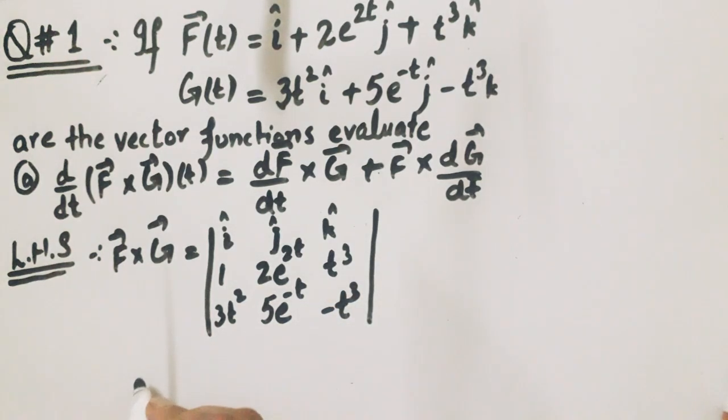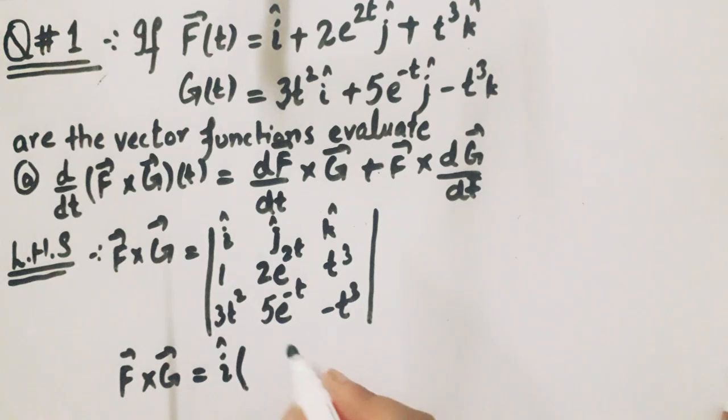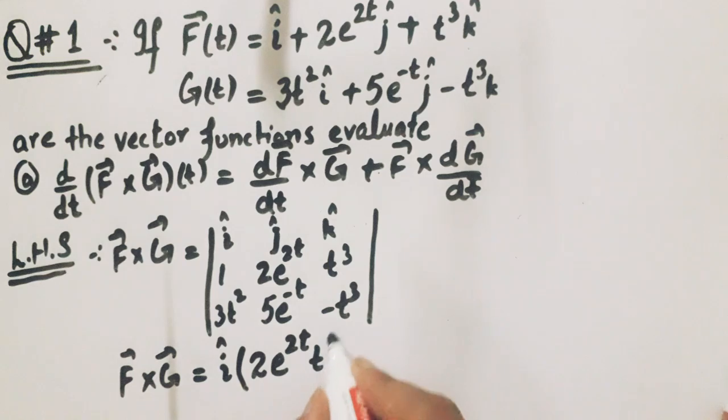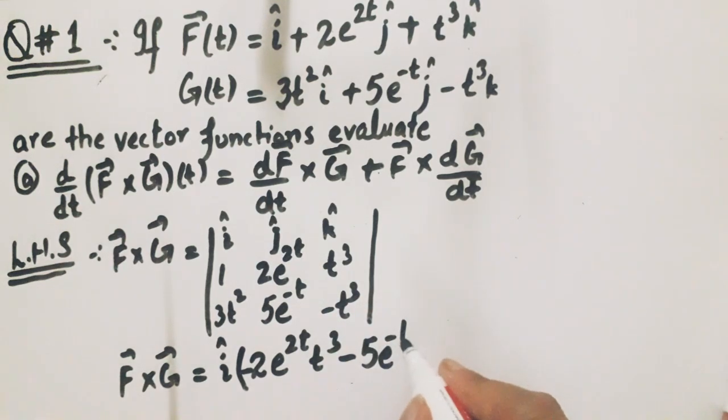Now f cross g will be equal to: 2 multiplied by minus t^3, that is minus 2e^(2t) t^3, and minus 5e^(-t) t^3, for i.